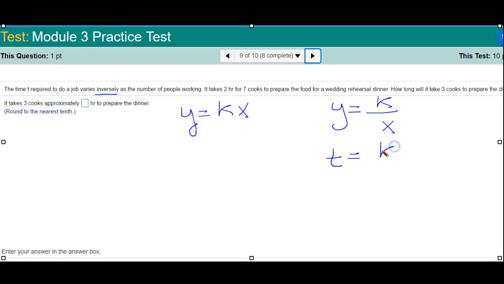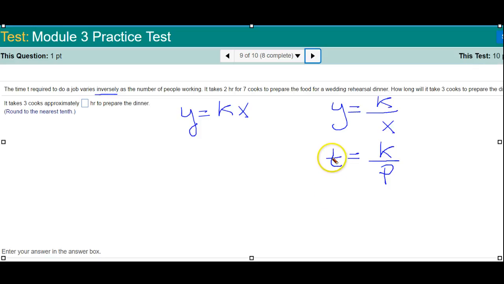So we need the k as to the number of people working to do something. So this would be, I guess we could use p here. So the first thing you have to do for something like this is find what the constant of variation is.